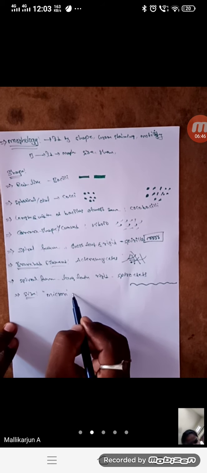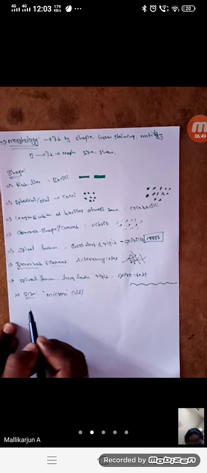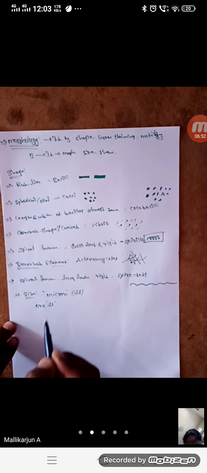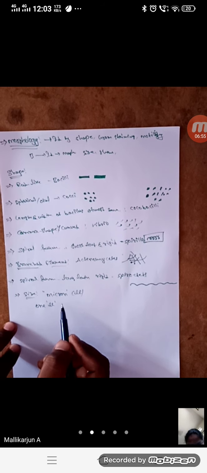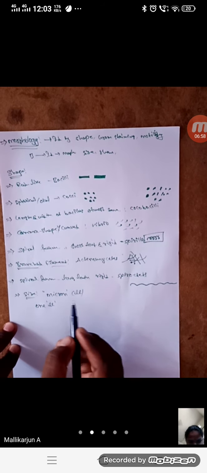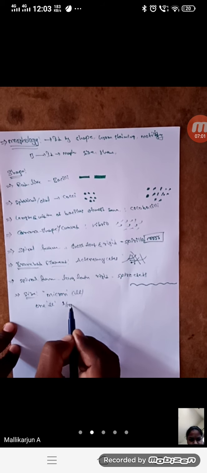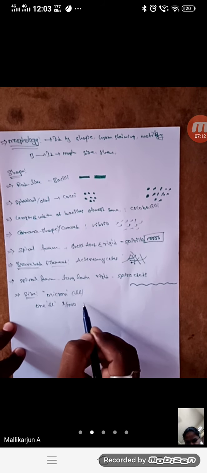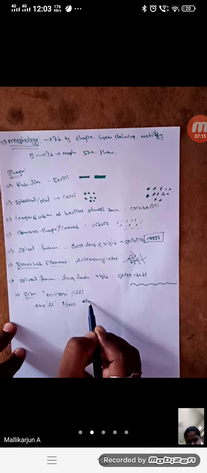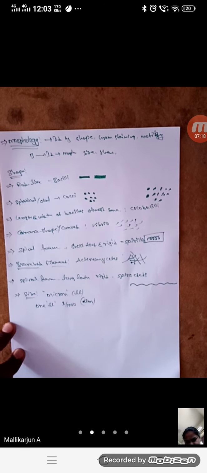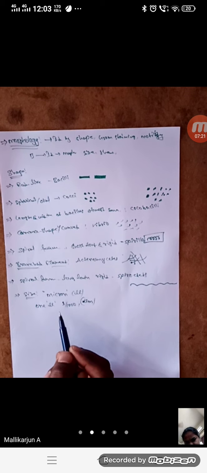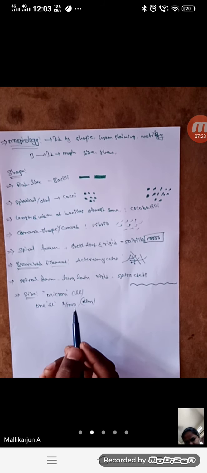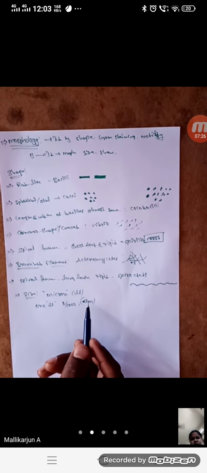The symbol for micron is mu. One micron is equal to one thousandth of a millimeter, that is 1/1000 of a millimeter. It is also denoted as a micrometer.